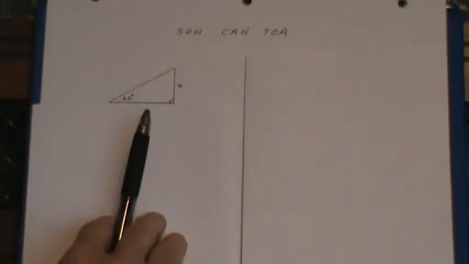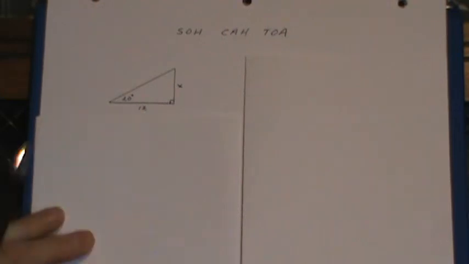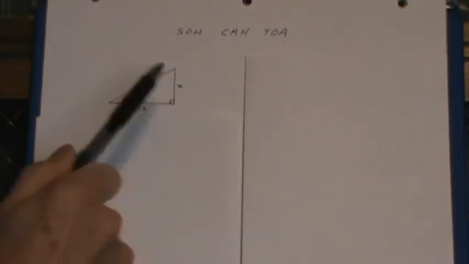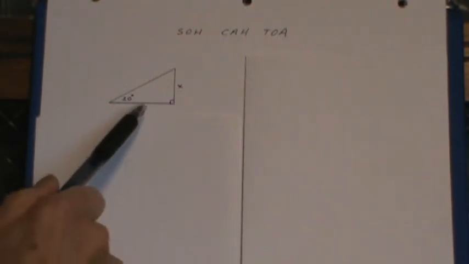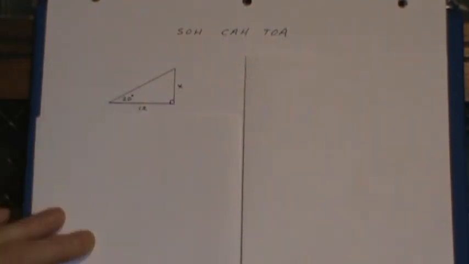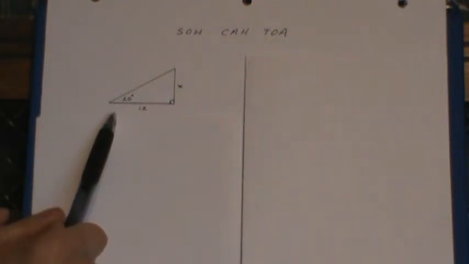Now, I've rewritten this SOHCAHTOA up here again so that we can refer to that. A typical question in elementary trigonometry would be to find the length of a side having been given another side and an angle. Now, the first thing you have to do is name the sides.